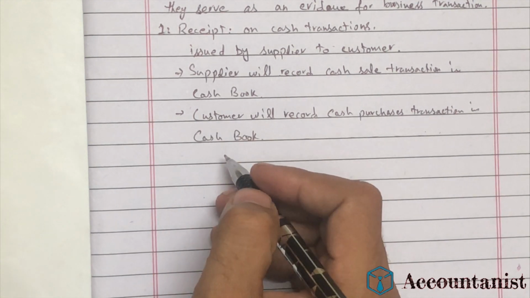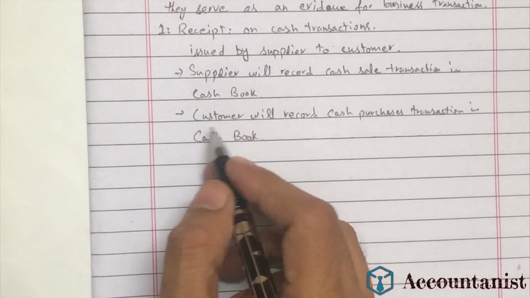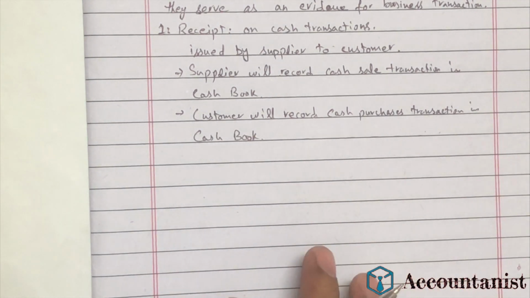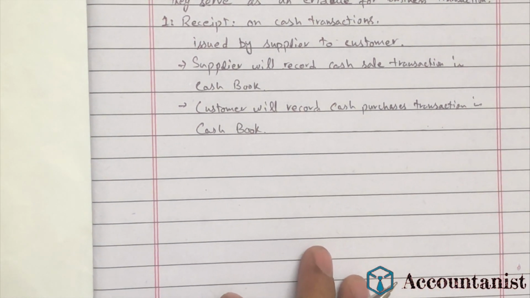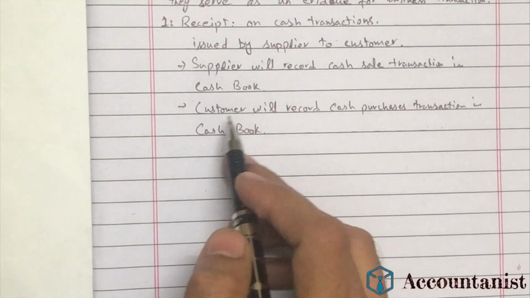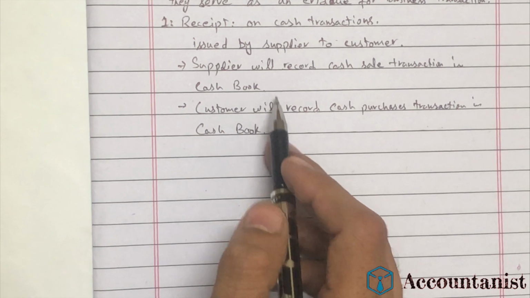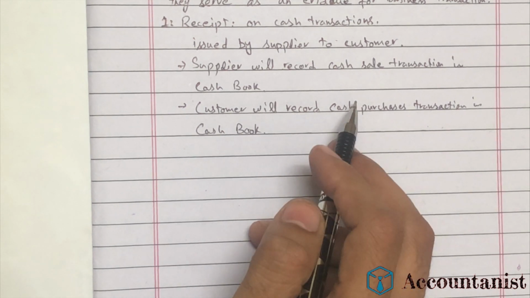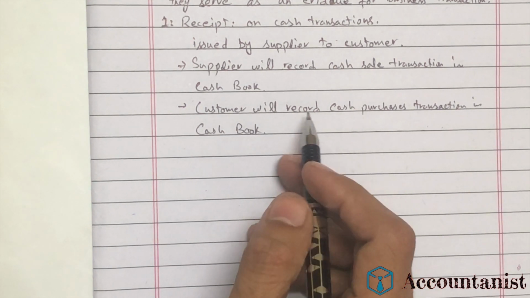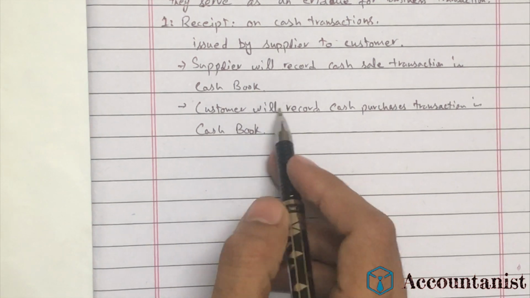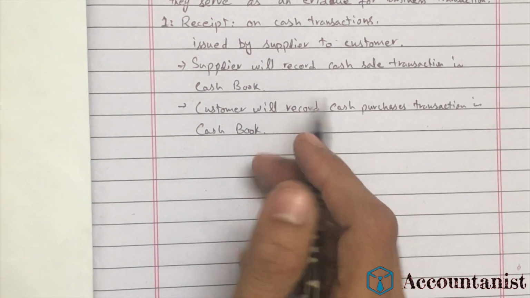The cash book is one of our books of prime entry. After business documents, we record the transaction in the day books, and then we transfer this day books data into the T accounts, into the ledger accounts. In the next chapter, we'll learn about the day books.